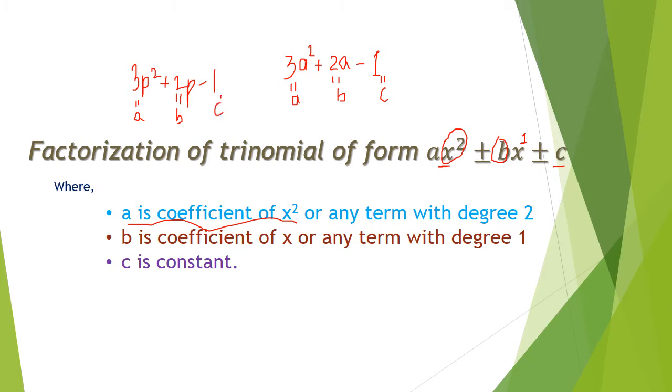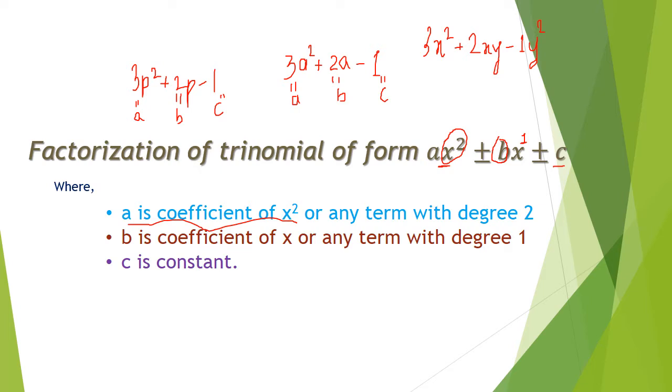So no need to get confused, but there will be a huge confusion if the question is given in the form like 3x squared plus 2xy minus 1y square, or simply y square. We have learned that c is a constant, but there is no term which is constant. So here also no need to get confused.